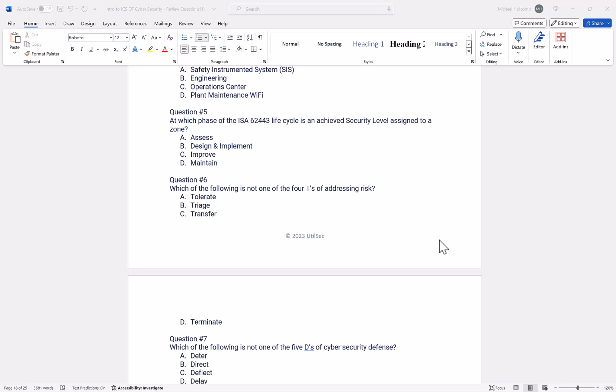So, question number 6, which of the following is not one of the 4 T's of addressing risk? So when you look at it, it's B, it's just a wrong answer, because we can determine if we tolerate the risk. So we're just going to let it be, which hopefully we never do, unless it's very minimal, right?